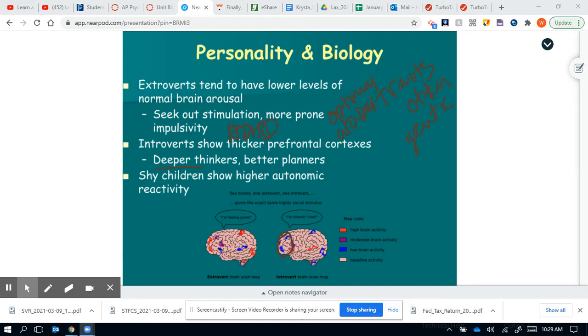They also found that shy children have higher autonomic reactivity, meaning their sympathetic nervous system is more active, so they might feel more nervous faster or more strongly. Which begs the question: does being shy cause children to be more nervous in social situations?